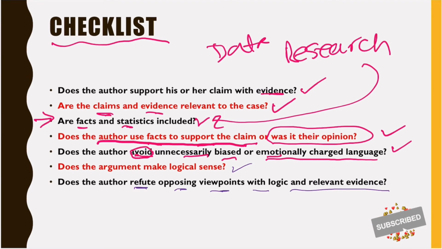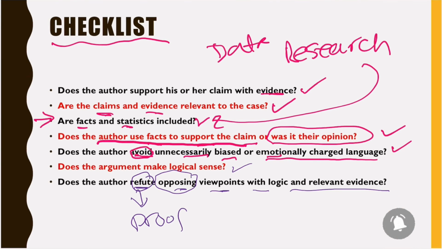You need to have enough evidence to go ahead and refute what they said, prove that what they said makes no sense in order for you to be the winner of the argument.